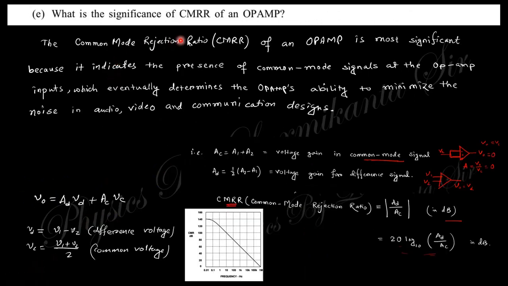Next question. What is the significance of CMRR? CMRR means common mode rejection ratio of an op-amp. By using the common mode rejection ratio, you get information about the op-amp's ability to minimize noise. This is the important point.